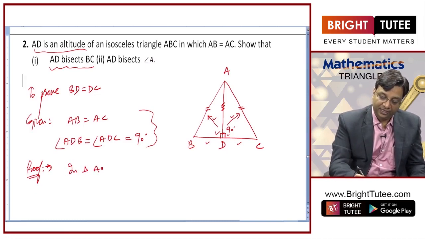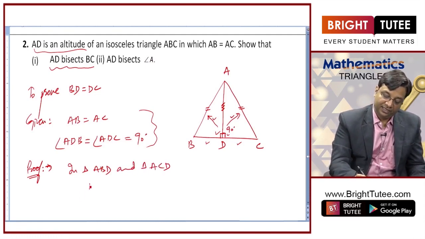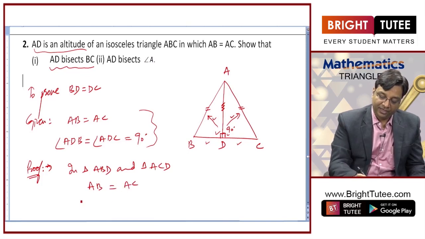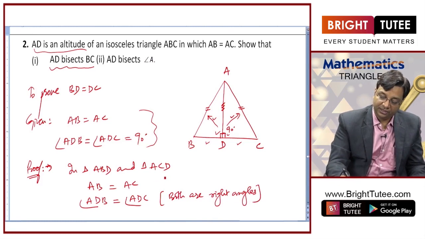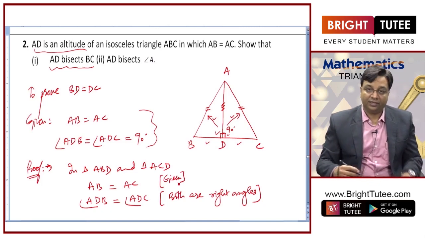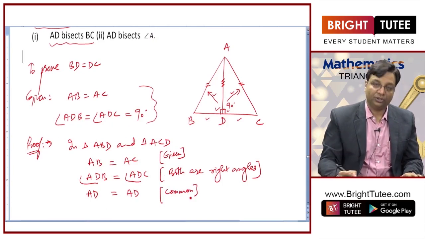In triangle ABD and triangle ACD, AB is equal to AC, it is given. Angle ADB is equal to angle ADC, both are right angles. And side AD is equal to side AD, it is common to both the triangles.